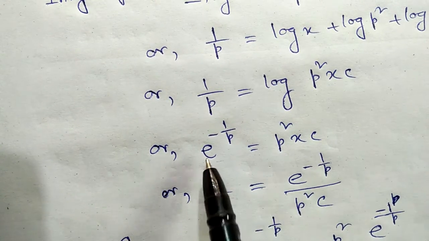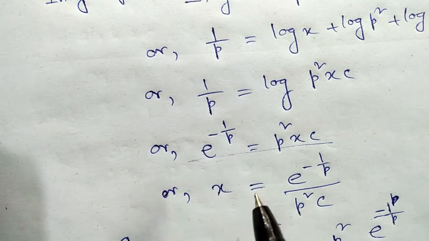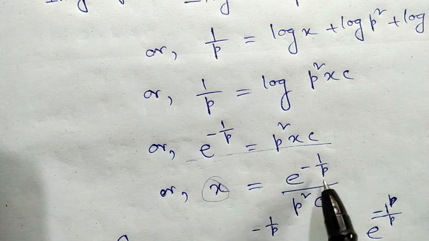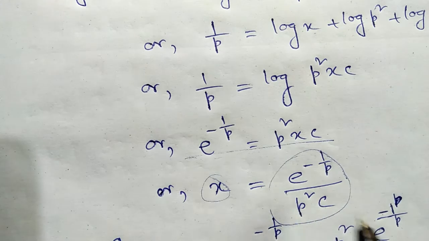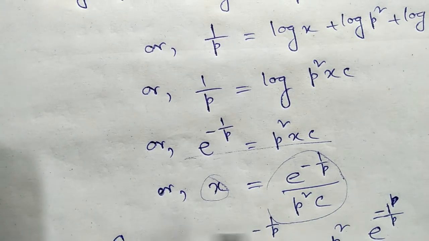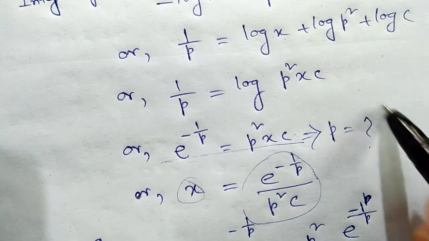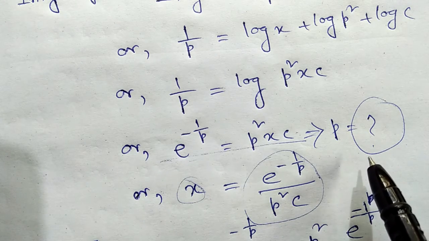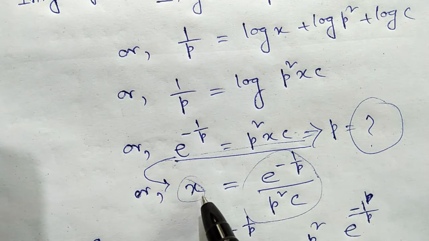So from this we are to find the value of x, because when we find the value of x, we get the expression in terms of p and c only. There is no term relating to x. But if we try to find the value of p from this, we can't find an expression related to only x and c.